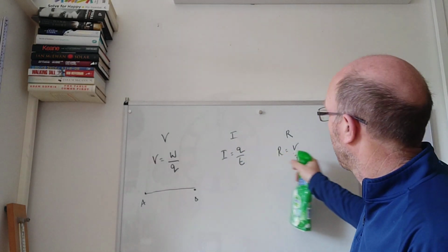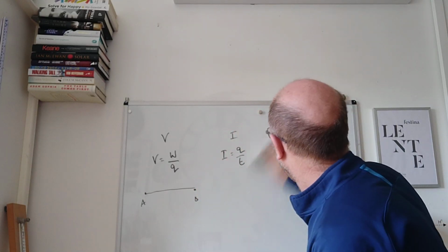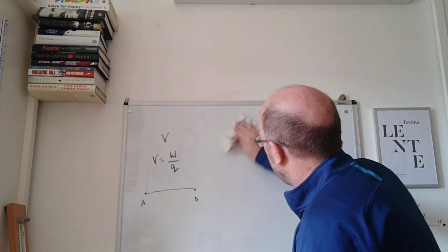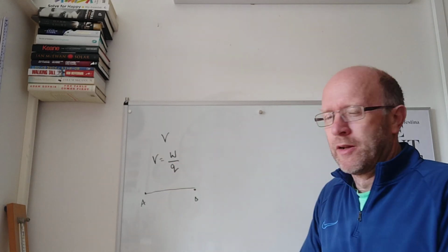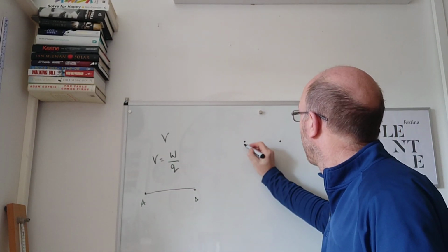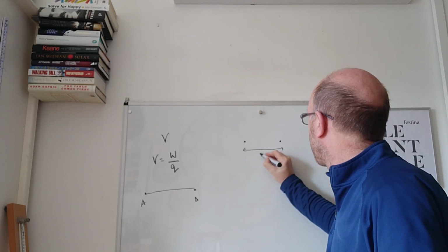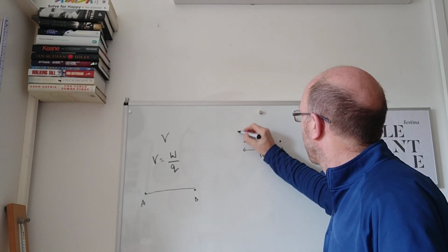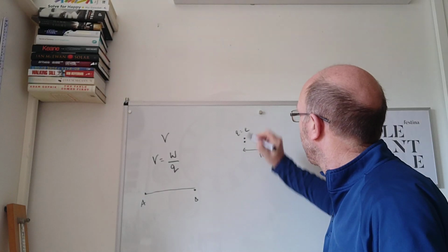Just very briefly, let's look at the idea of the electron volt. Very important. We have a potential difference of 1 volt, and the charge is equal to the charge on the electron, e.